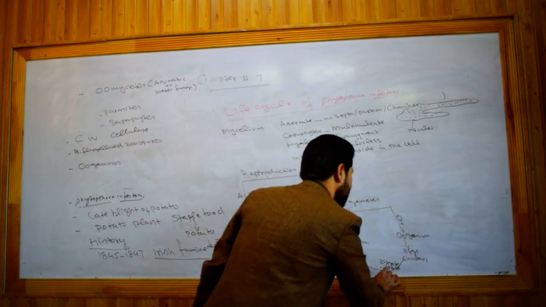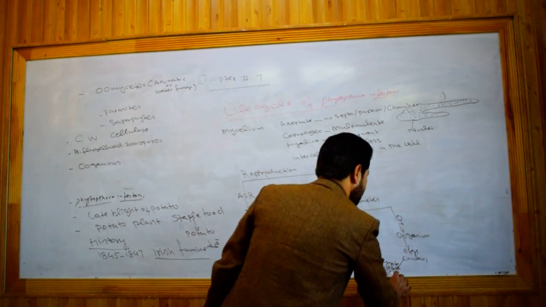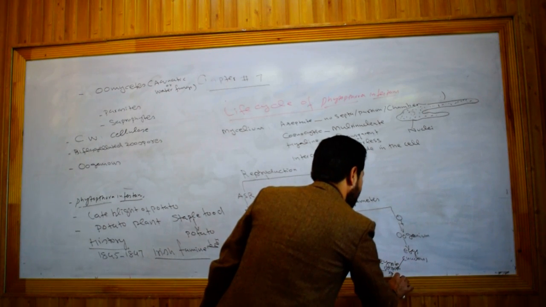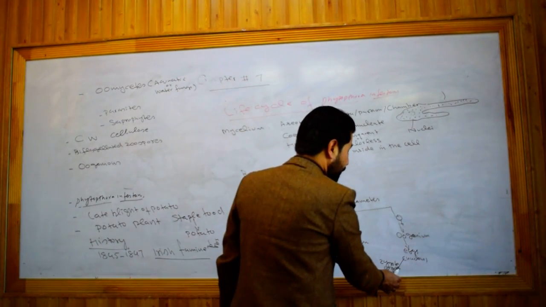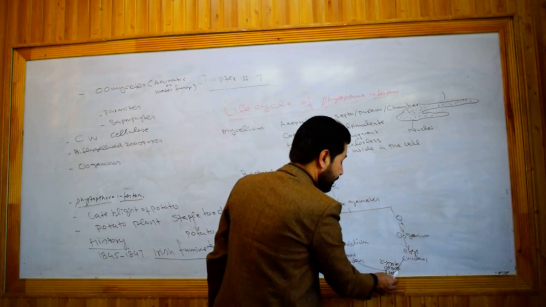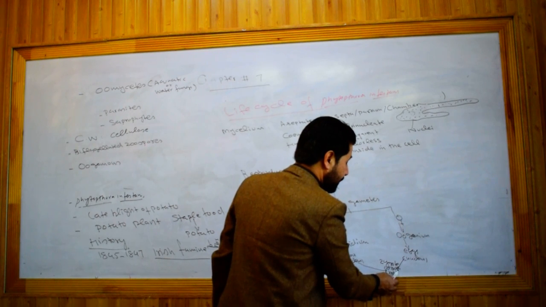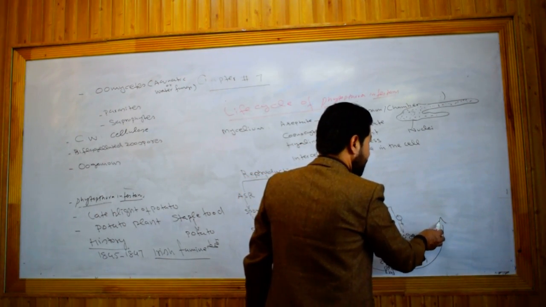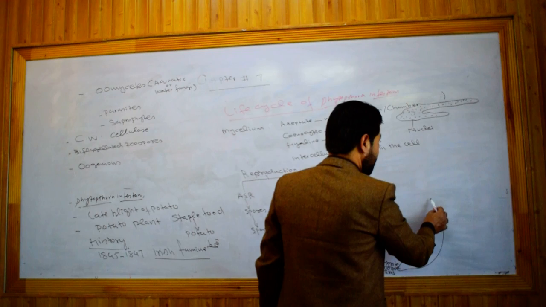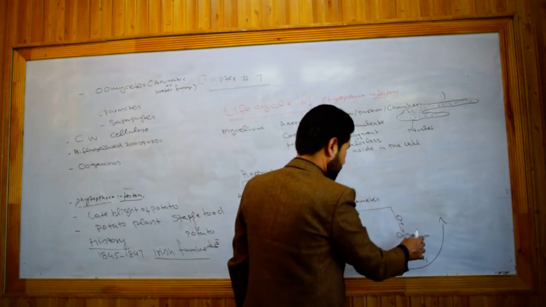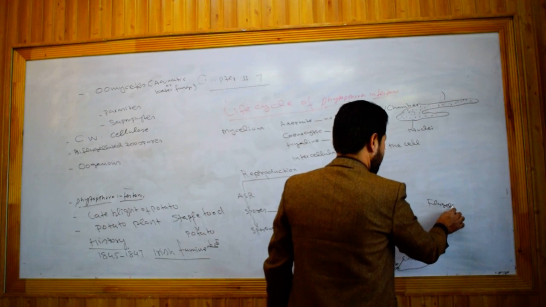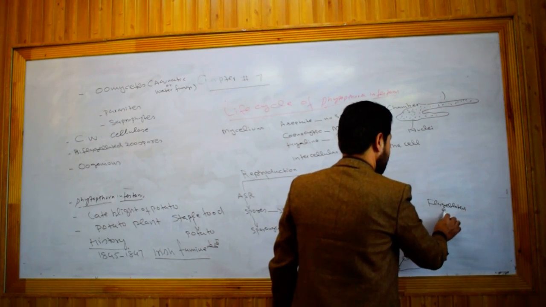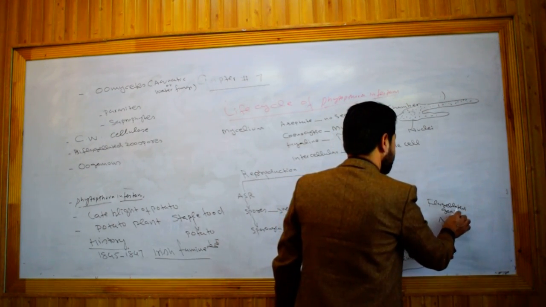oospore. Certain developmental changes occur. This zygote is diploid, and then this zygote produces flagellated gametes.